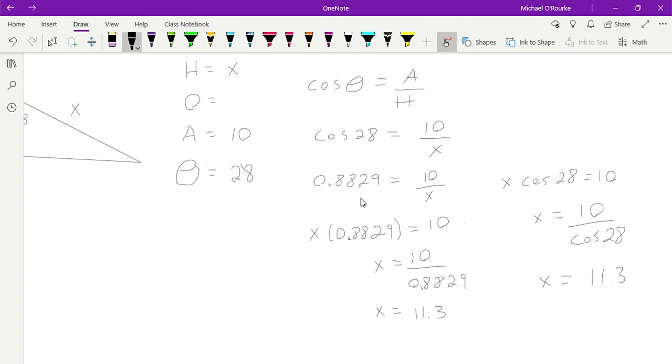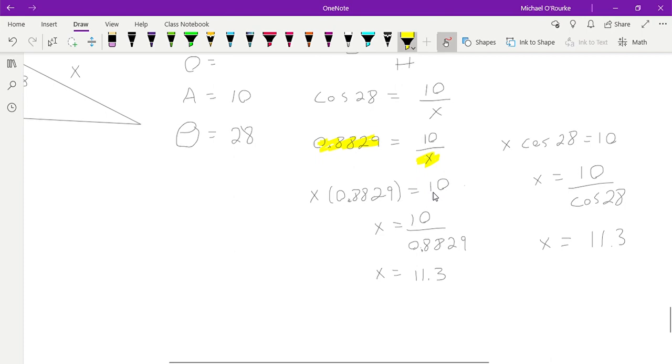Here's my question for you. What happens between these two highlighted items? They change places. Good job, Dylan.